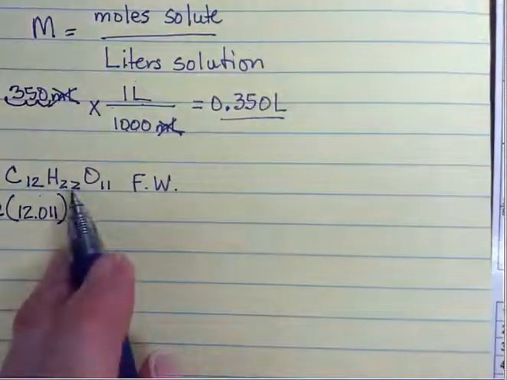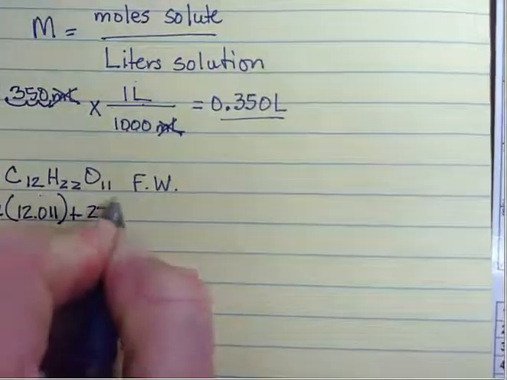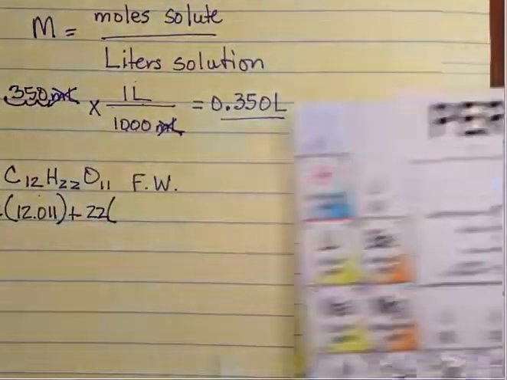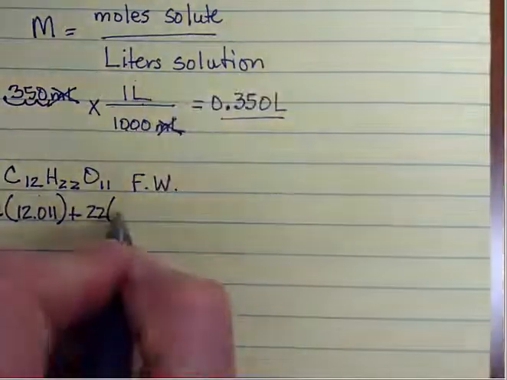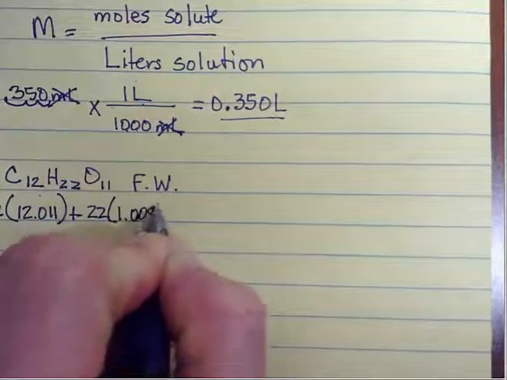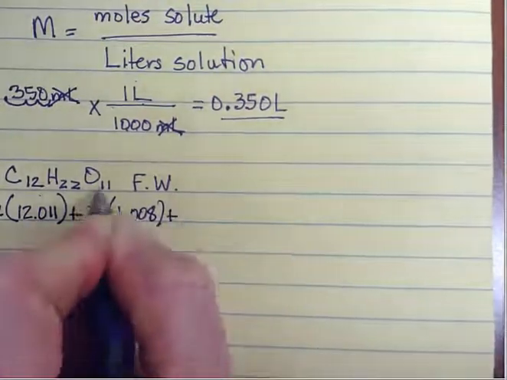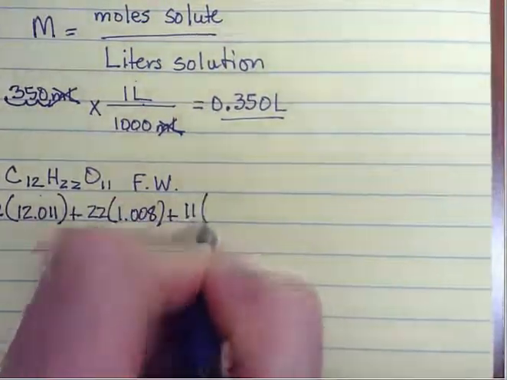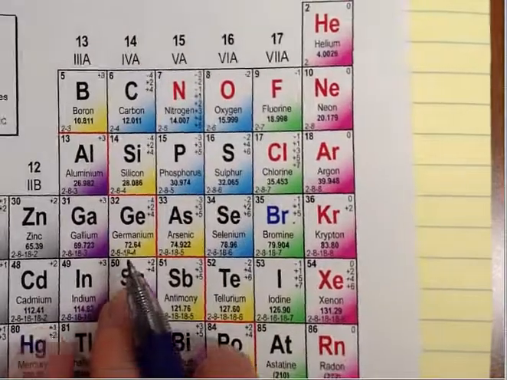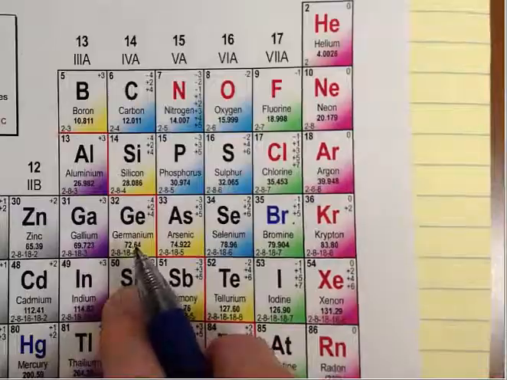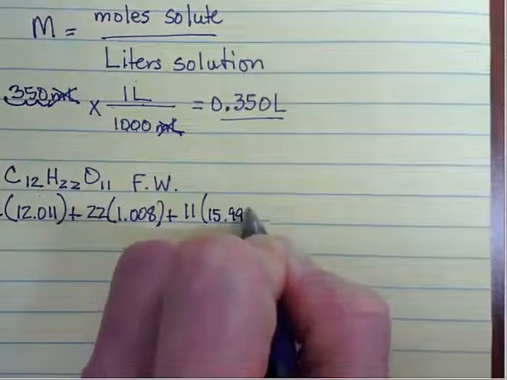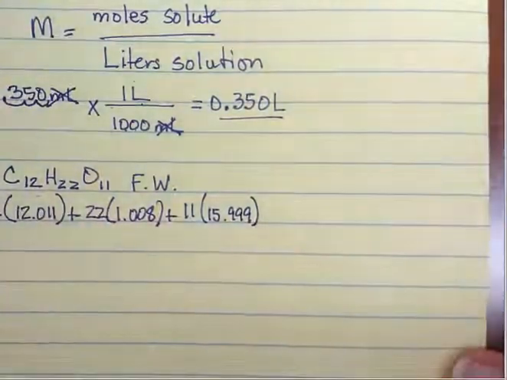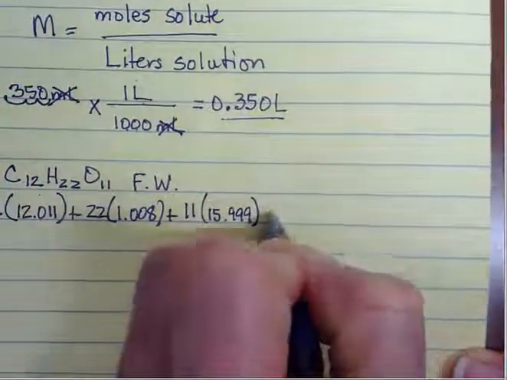Plus 22 hydrogens. So 22 times our hydrogen is 1.0079, say 1.008, plus our oxygen, there's 11 oxygens, and the molecular weight of our oxygen is 15.999. And that is going to equal the formula weight for our compound.